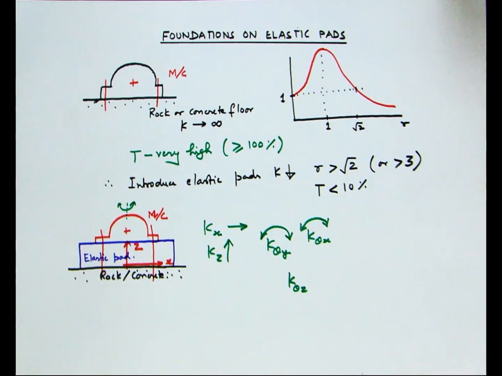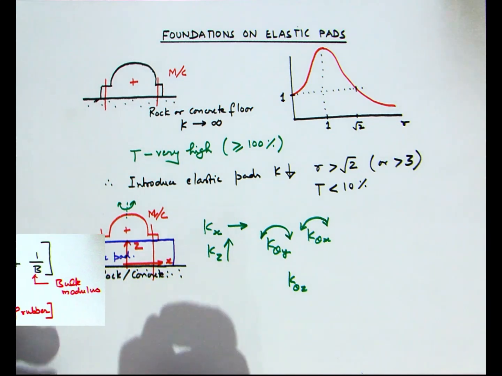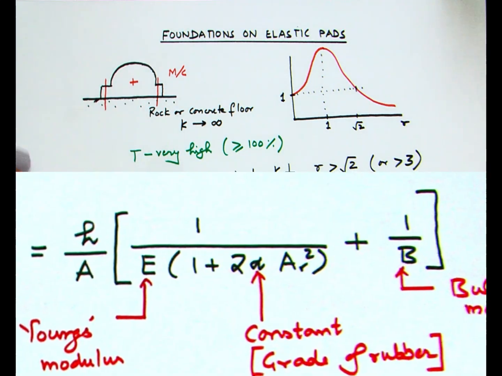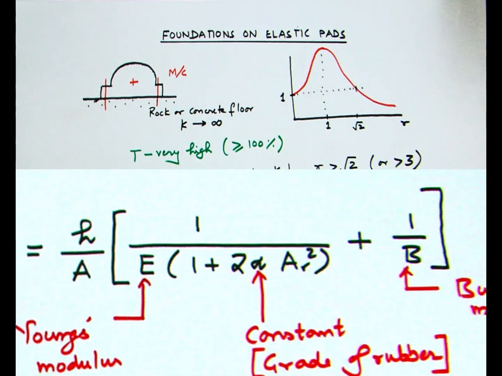Let us begin with the determination of vertical stiffness. We have already studied for the case of the rubber pads that the vertical stiffness is a function of both the Young's modulus and the bulk modulus of elasticity, and there are other parameters also.